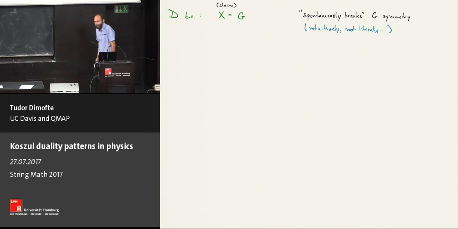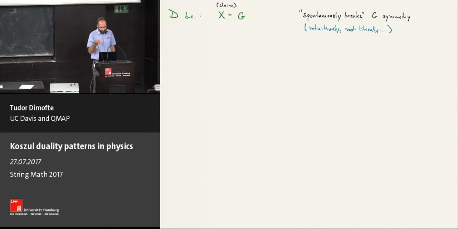What about the other guy, the Dirichlet boundary condition? In the same sort of language, Dirichlet is realized as coupling to the Riemannian manifold G. If we were in a higher dimensional quantum field theory, we would have said that coupling to G on the boundary spontaneously breaks the symmetry, which is what we want.